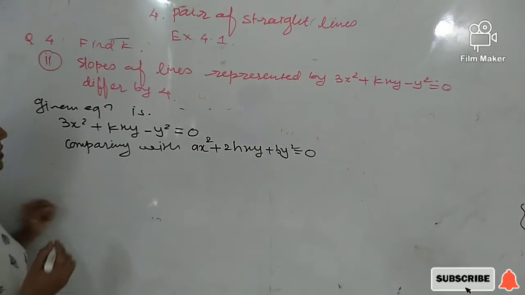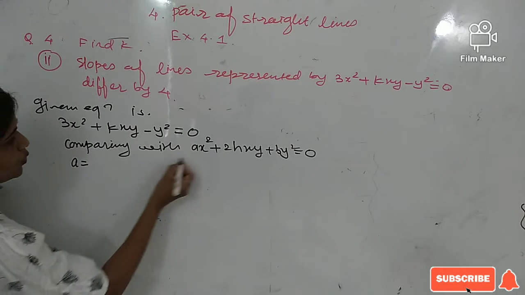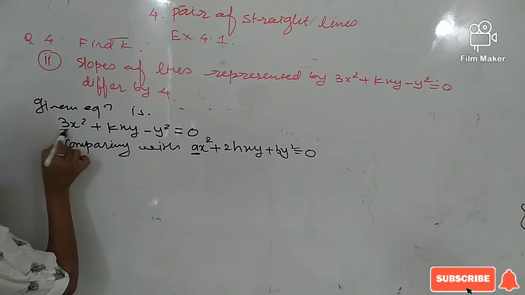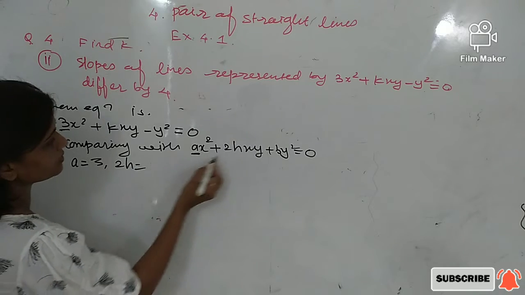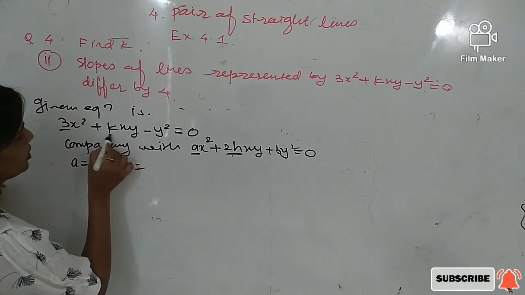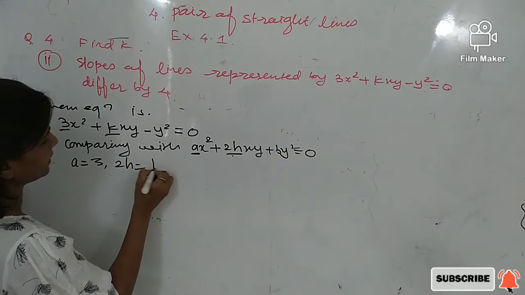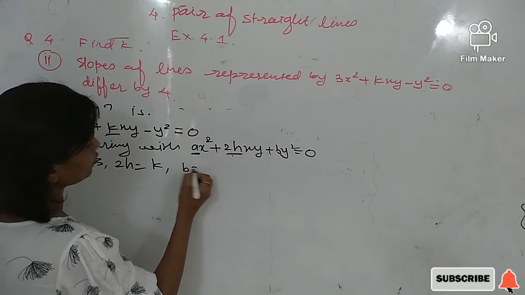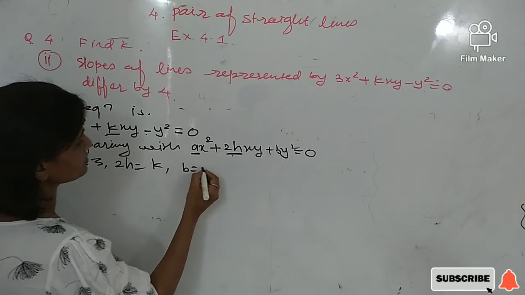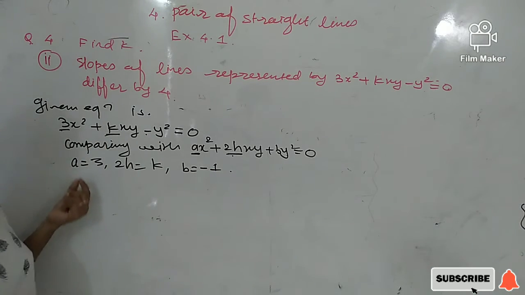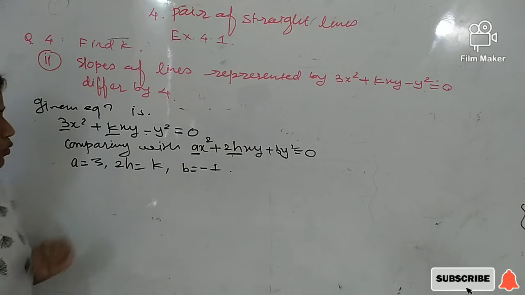After comparison, just find the value of a. a is the coefficient of x square, so a is 3. Then 2h is the coefficient of xy, so 2h is k. And b is the coefficient of y square, so b is minus 1. So these are the values of a, 2h and b.